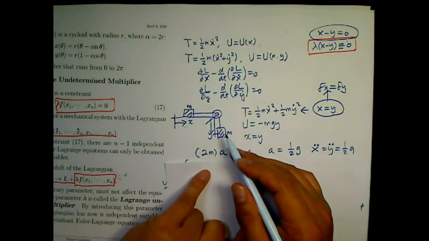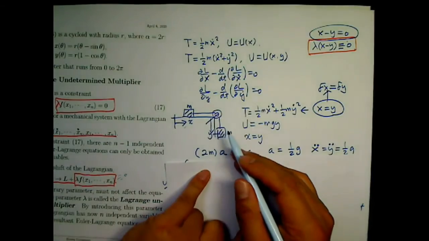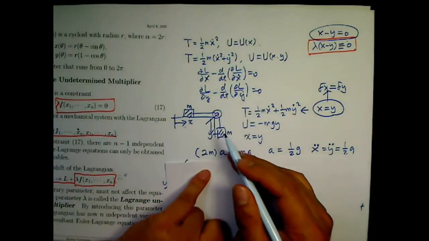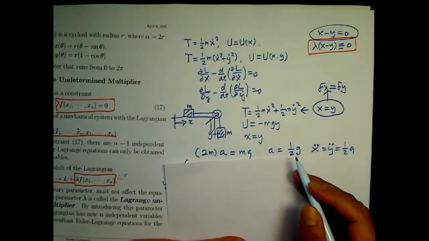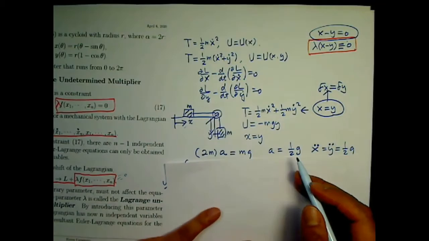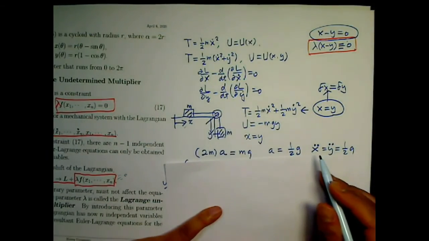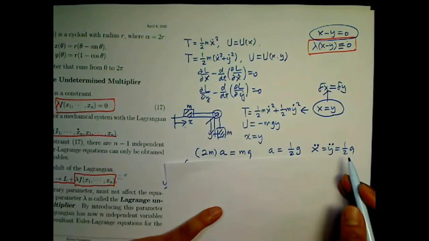So 2m is moving, but only a single m experiences the gravitational force mg. That's the reason why the acceleration is 1/2 of g. And because x and y are exactly the same, x double dot should be the same as y double dot, and they are both 1/2 g.